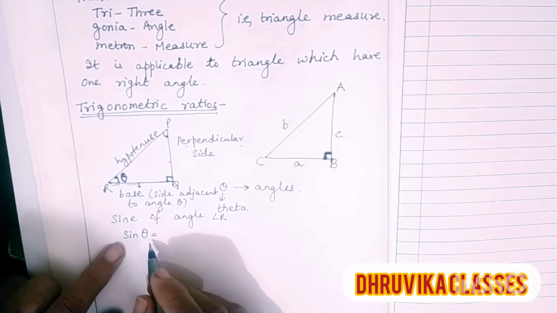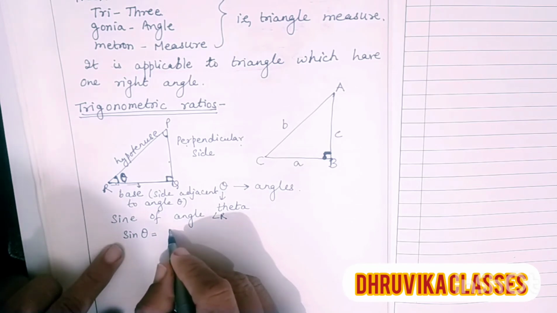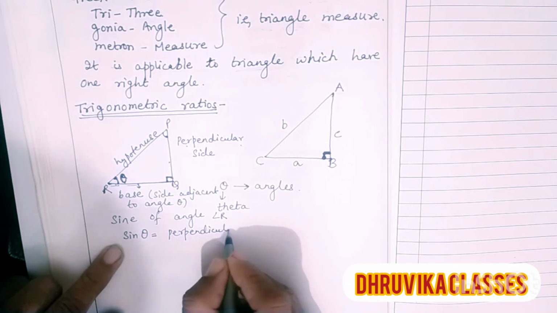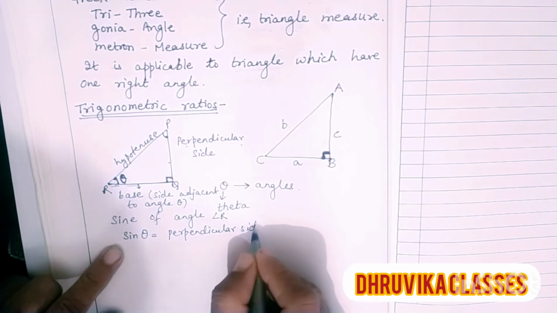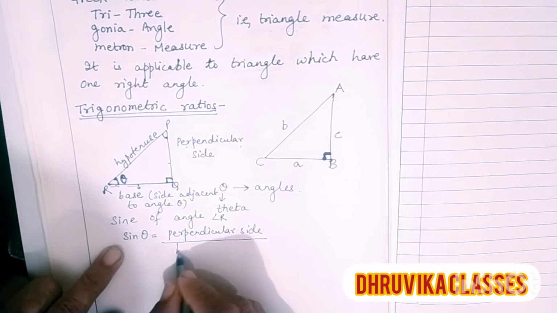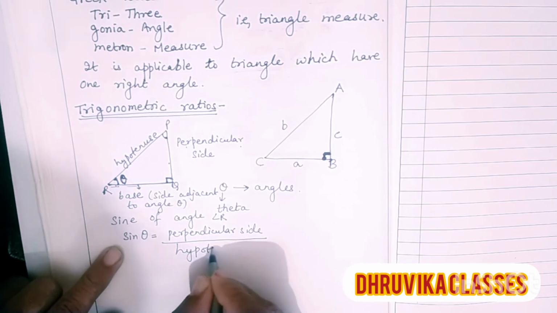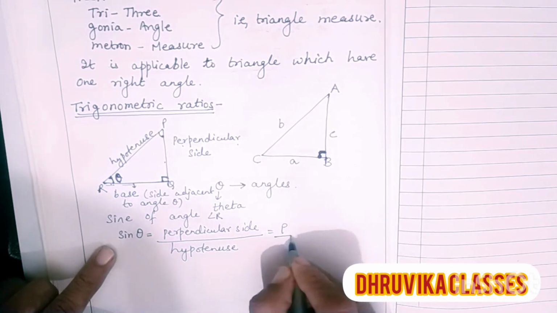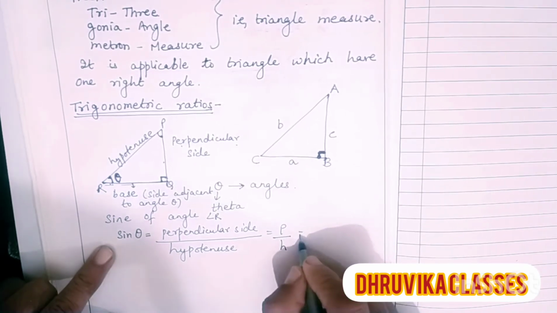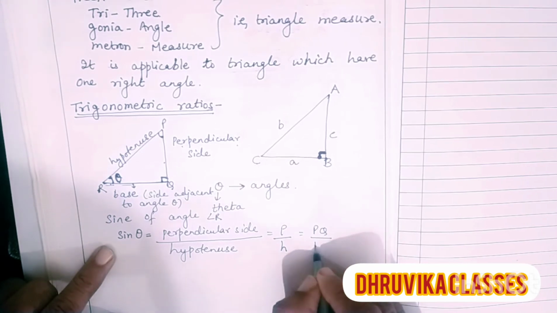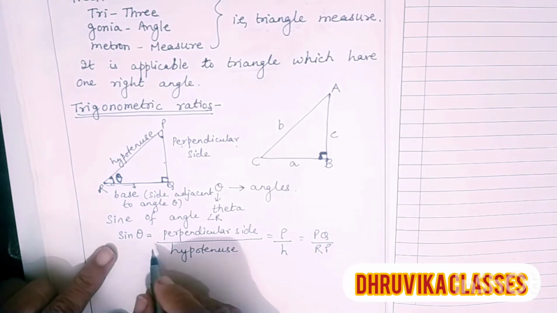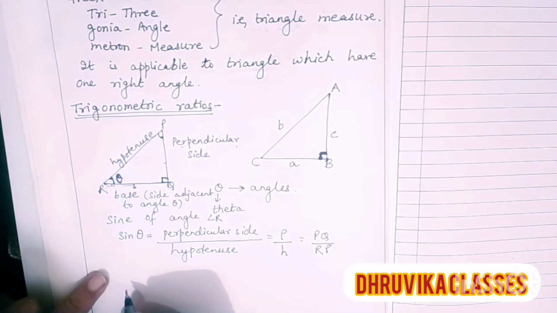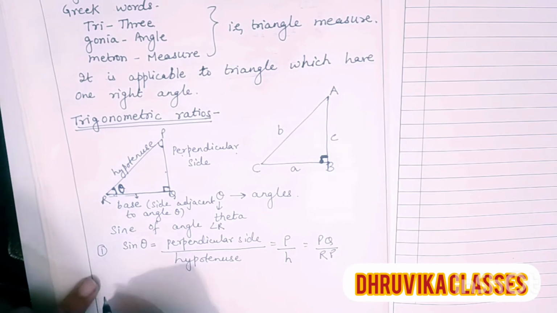So for sine of angle theta we write perpendicular side by hypotenuse. We represent this by P and this by H. It is actually PQ by RP. The sine of angle theta is perpendicular side by hypotenuse. So this is the first trigonometric ratio.